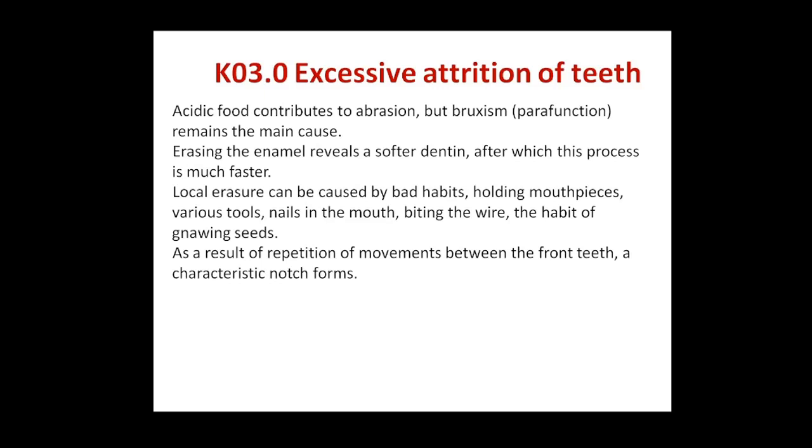Local abrasion can be caused by bad habits, holding some things, tools, nails in the mouth, biting wire, the habit of gnawing seeds, and so on. As a result of repetition of movement between the front teeth, a characteristic notch forms.